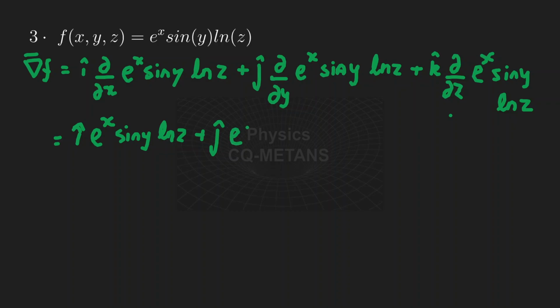So e raised to x is constant, differentiation of sine is cosine, ln z is constant, plus k cap. So e raised to x sin y remains constant, and differentiation of ln z is 1 by z. So this is what we get.